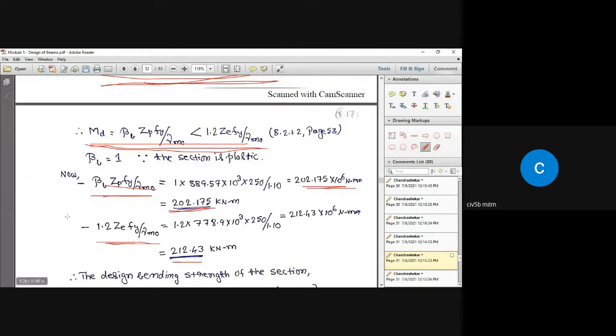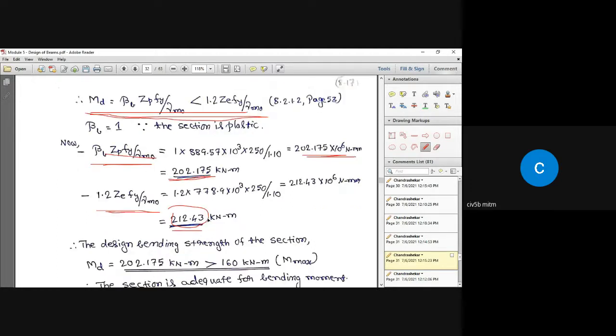Say 1.2 Ze fy divided by gamma m0 is, for example, 190 kilonewton meter. This is 202.175. So take 190 kilonewton meter as the Md value. That means take the lesser of these two values as the Md value, that is the moment carrying capacity of the section.